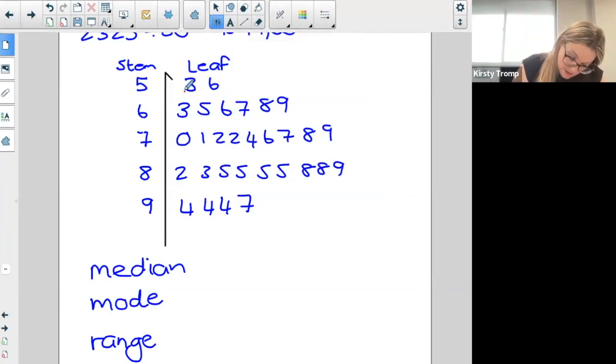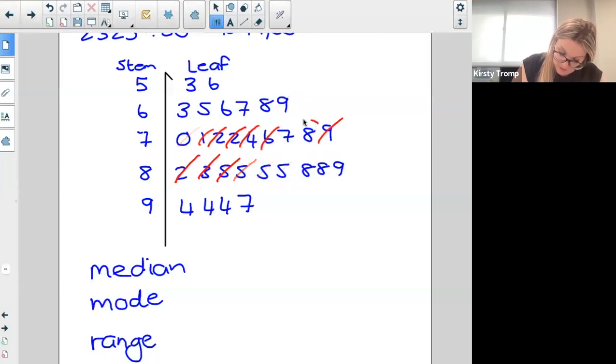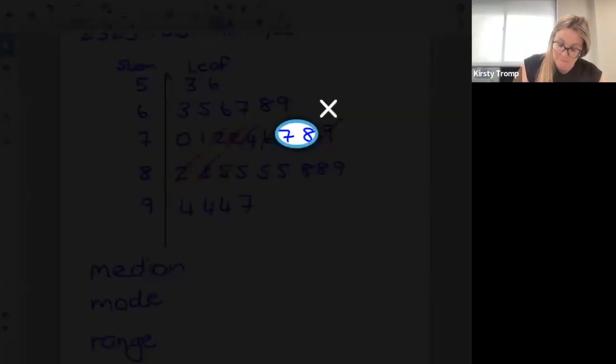I'm going to say, not that one, not that one, not that one, and so on, crossing them off, and I'm left with these two in the middle.